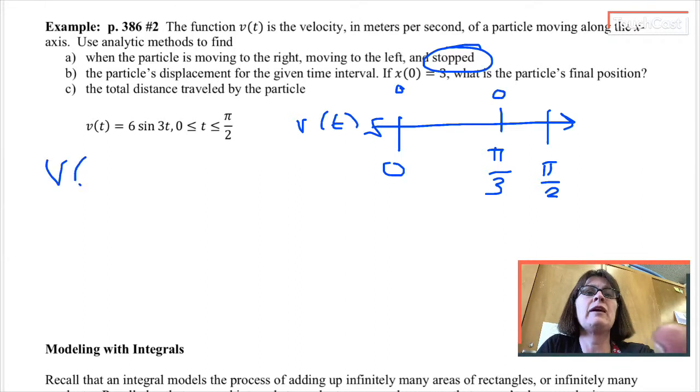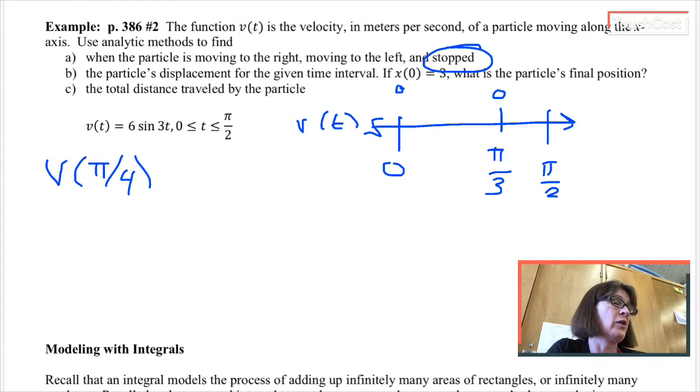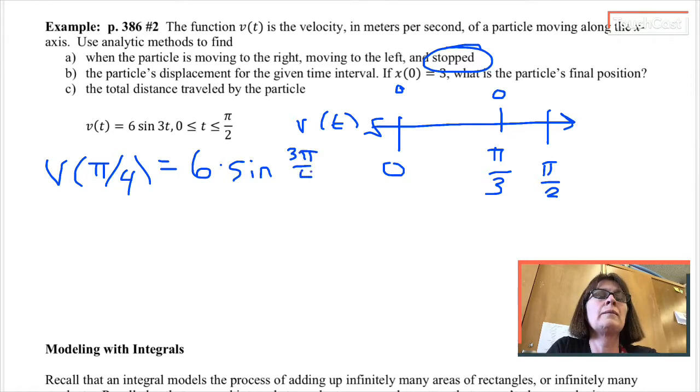So let's find v of pi over 4. Remember, the only thing that is really important to me is knowing whether this result is going to be positive or negative. That's going to be 6 times the sine of 3 pi over 4. Let's see, the sine is like the y coordinate. So if I go to 3 pi over 4, that's into quadrant 2 where the y's are still positive.